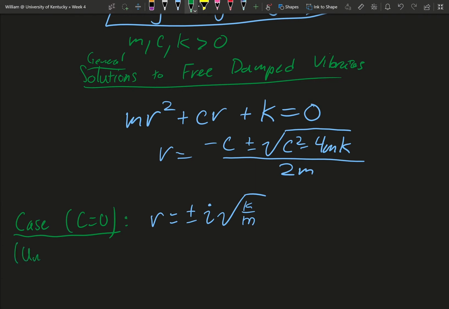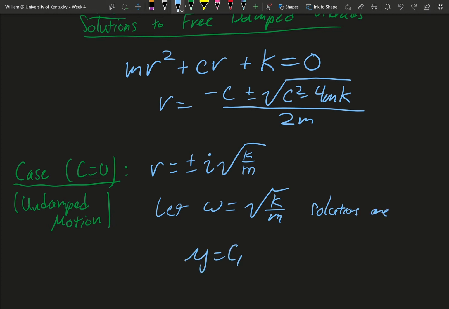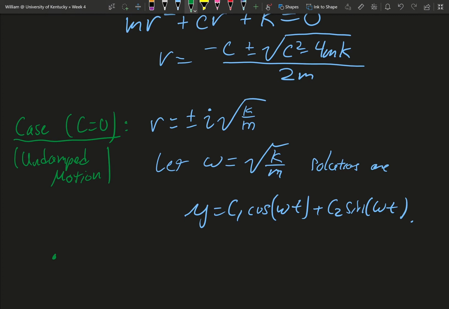This case is, as we saw, undamped motion. If we let omega equal that, the solutions are, the key thing to note, purely periodic.